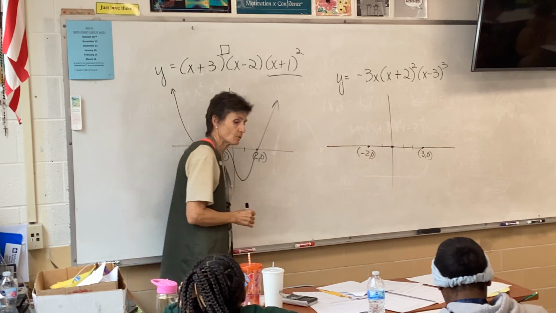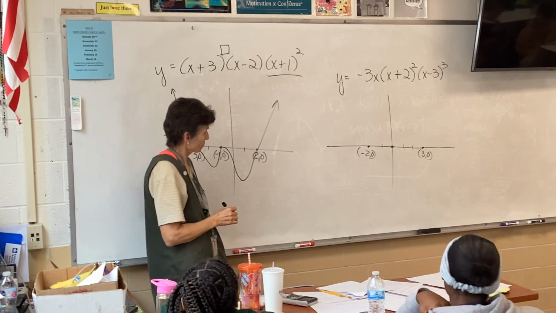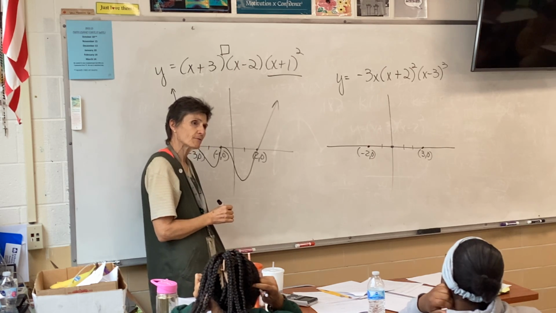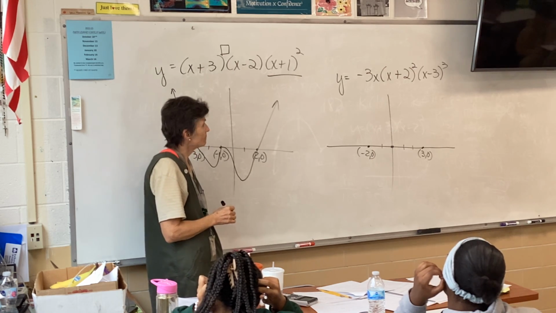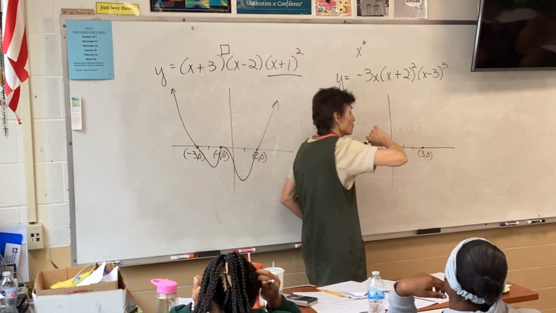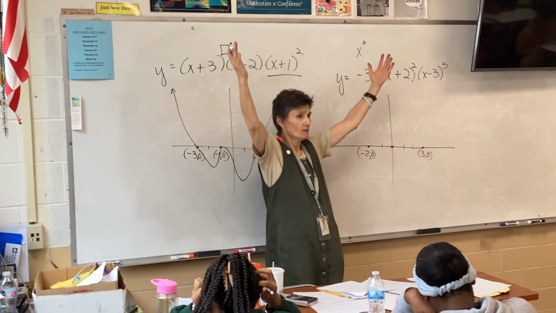So did everybody agree those are my x-intercepts? How many x's do I have altogether? So this is an x to the 6th. Now, under normal circumstances, an x to the 6th would be up.